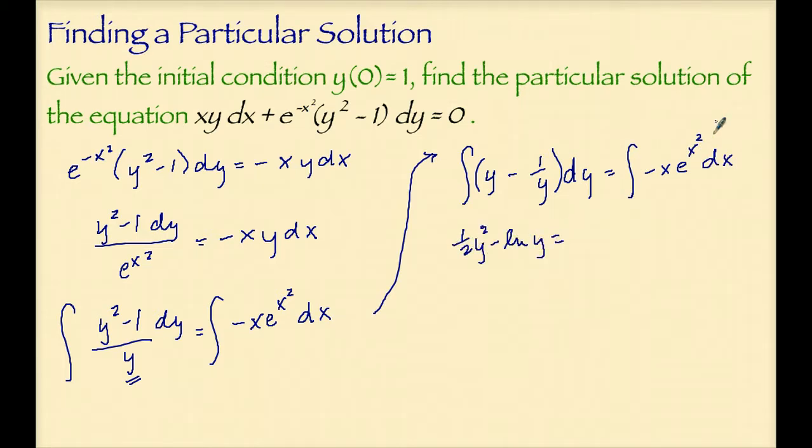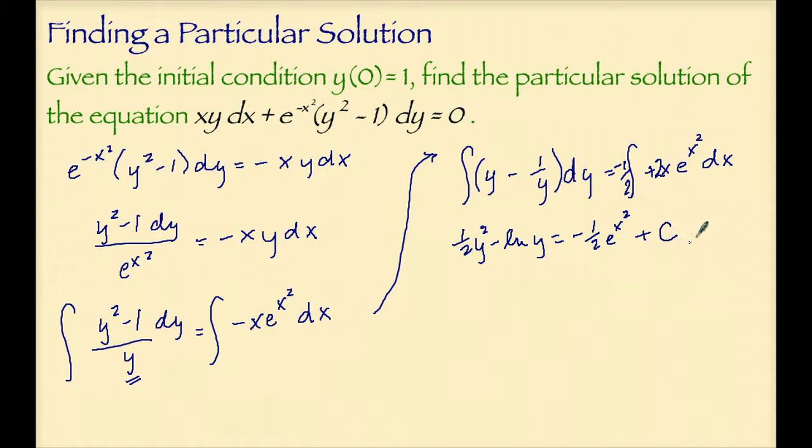On the right side, if my u is x squared, my du is 2x, which means I need to place 1/2 on the outside of the integral. Furthermore, my du is positive, so I'll change this to a positive 2x and remove the negative to outside the integral with the 1/2. This means my integral will be negative 1/2 e to the x squared plus c.